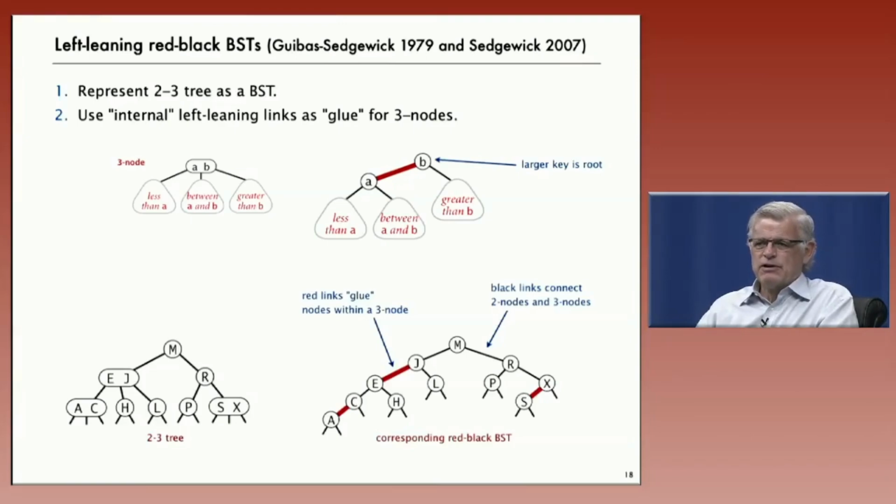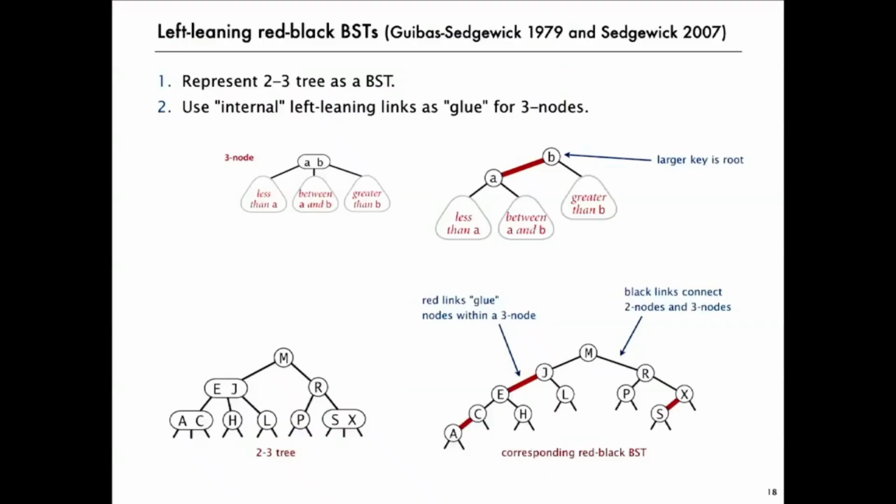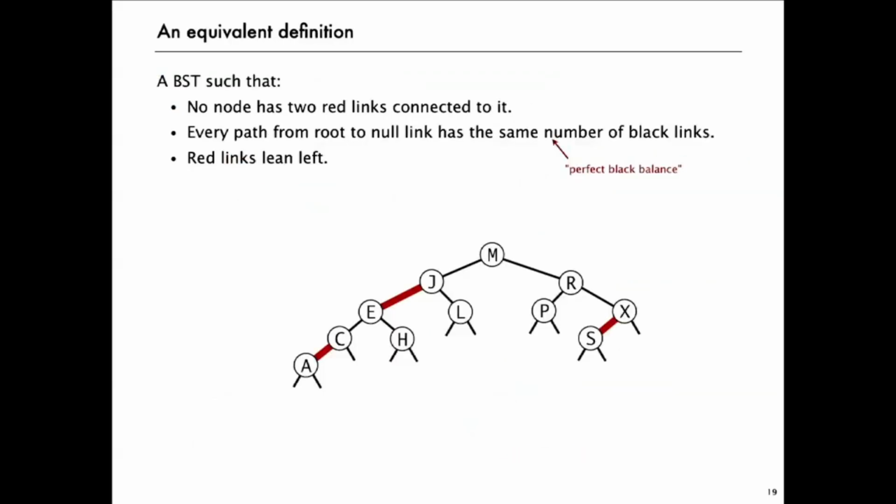So any 2-3 tree corresponds to a left-leaning red-black BST in this way. Just take the 3-nodes and split them into little binary search trees of size 2 held together by a red link. And correspondingly, given a red-black BST, you can get the 2-3 tree if you wanted it.